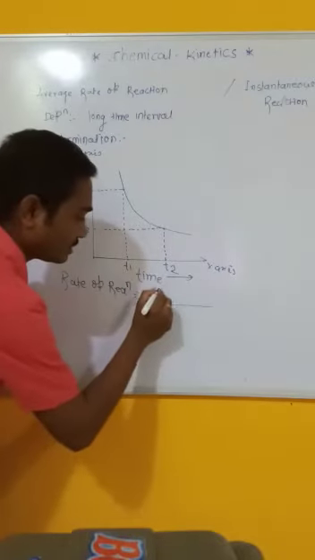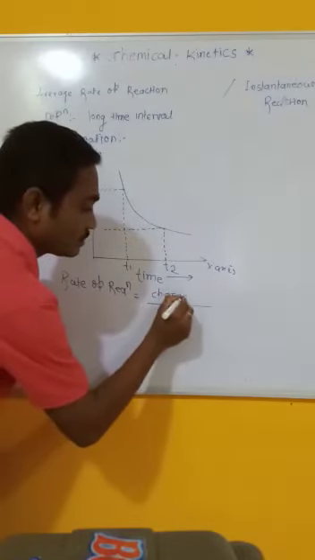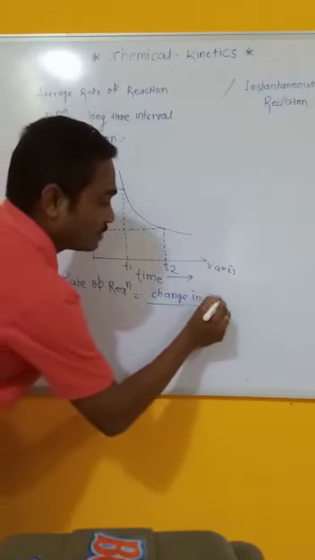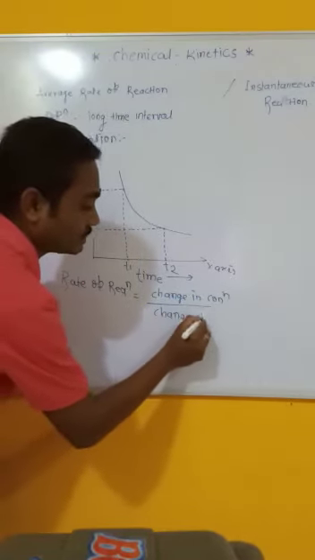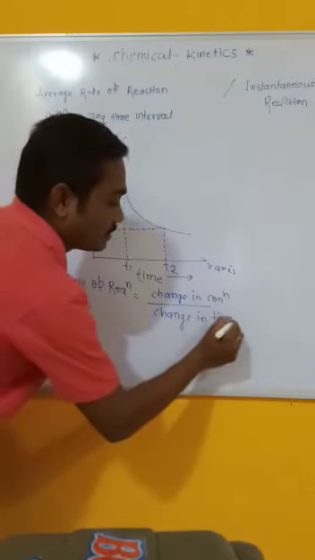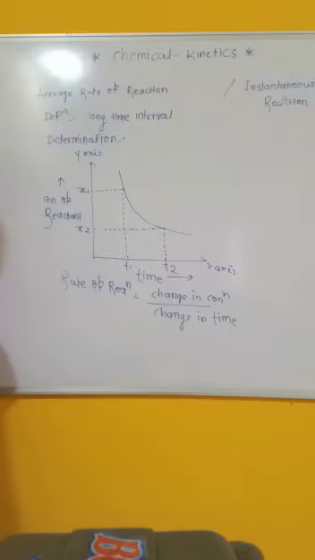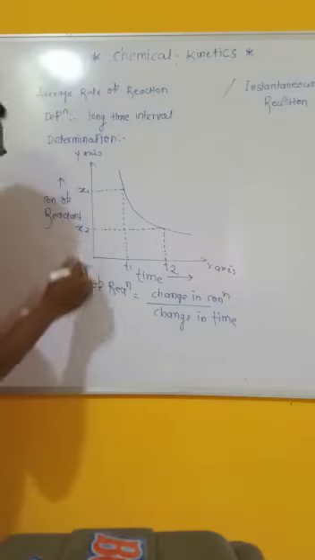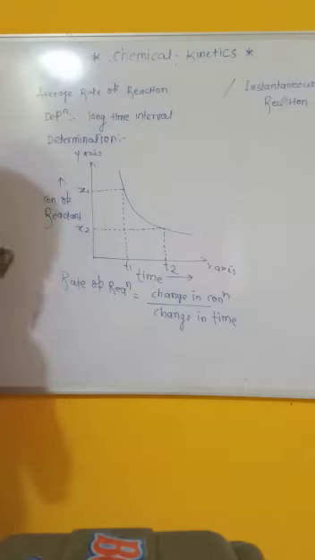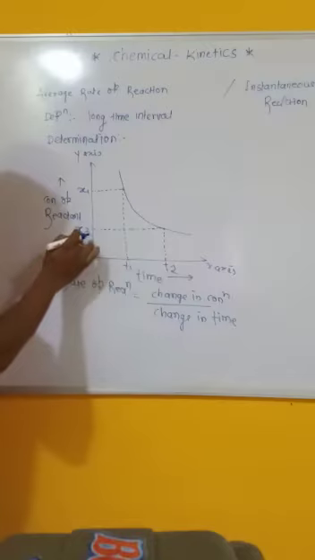Rate of reaction is change in concentration divided by change in time. What type of change occurs here? x1 minus x2 or x2 minus x1. At time t2 the concentration is x2.